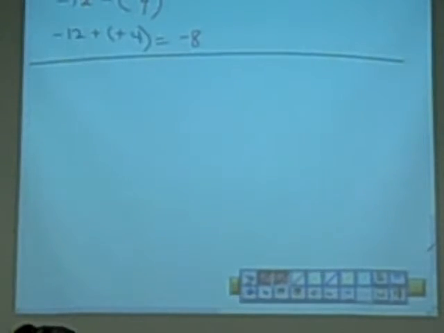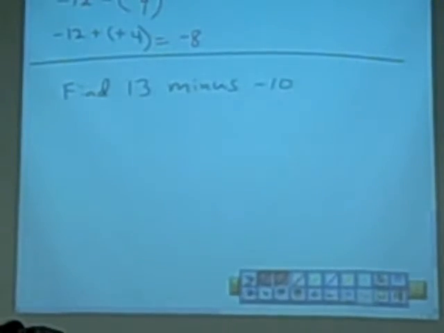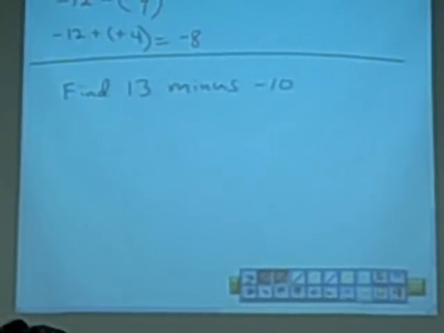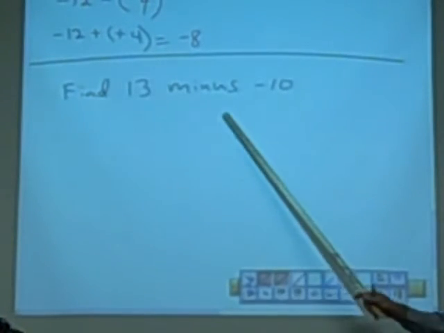Okay. Well, let's say we want to find 13 minus a negative 10. So we want to look at this as, what do I put here for this word?